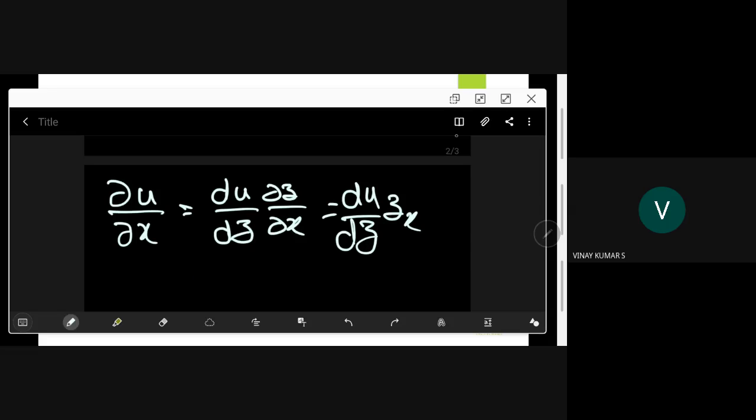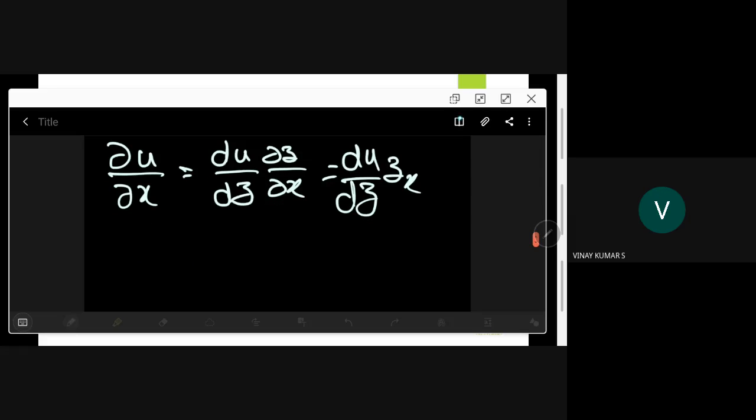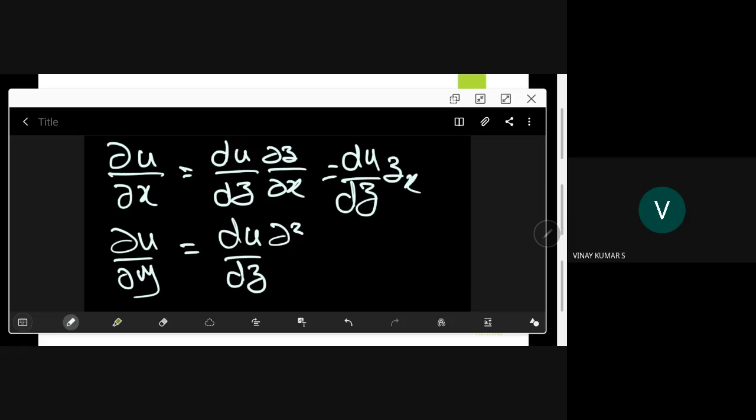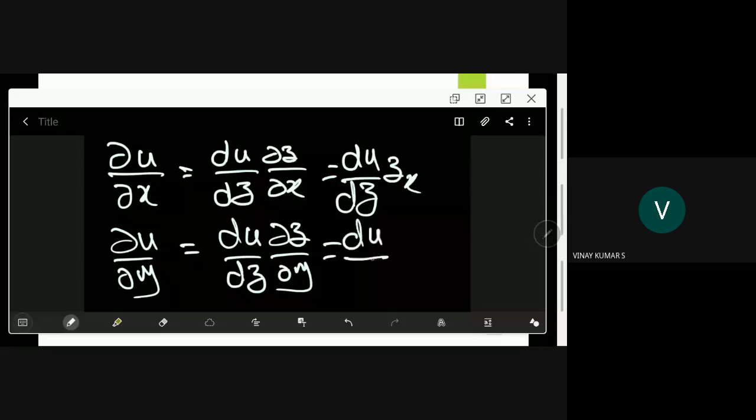Similarly, a small thing. Similarly, ∂u/∂y is equal to du/dz into ∂z/∂y. Okay, done. That is equal to du/dz into z_y. Okay, right. Now what are we asked for?